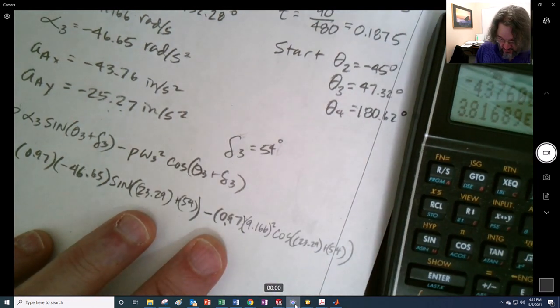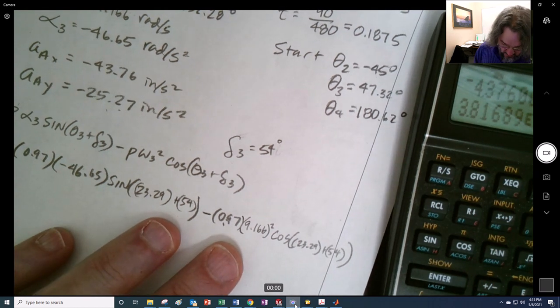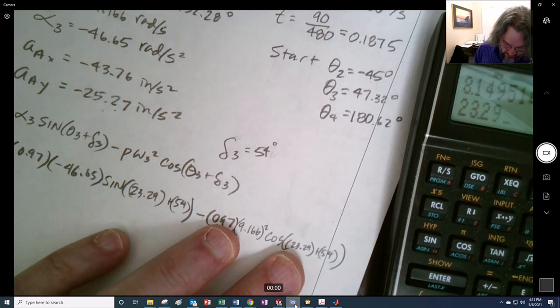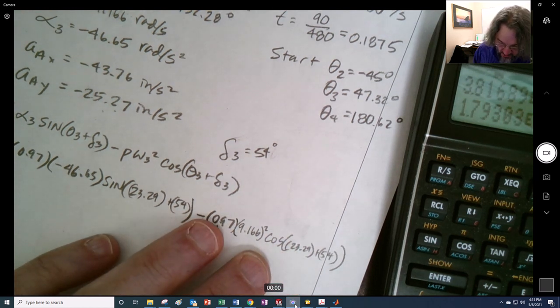Let's start with this one, 9.166, square it, 0.97 times. Now we have the 23.29, 54 plus cosine, times, and we subtract.